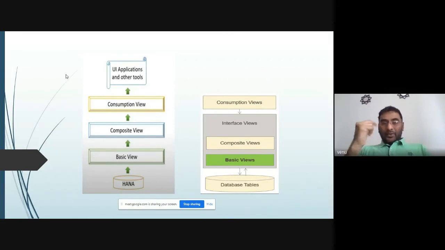You have the database at the bottom layer, which is considered in-memory or your direct DB or some such. On top of the database you have the basic view, on top of it a composite view, on top of it a consumption view, and on top of that the UI.